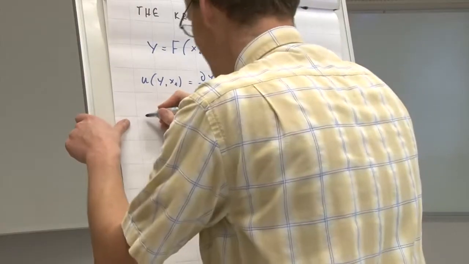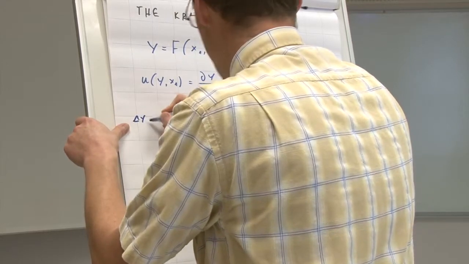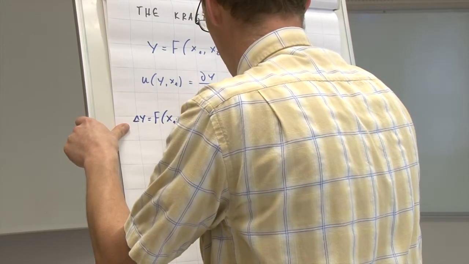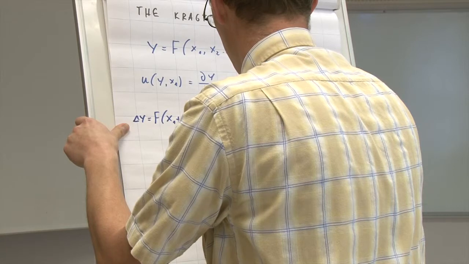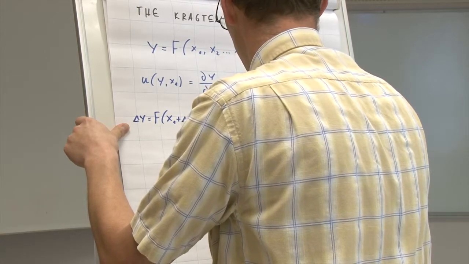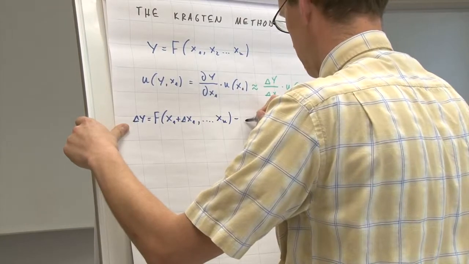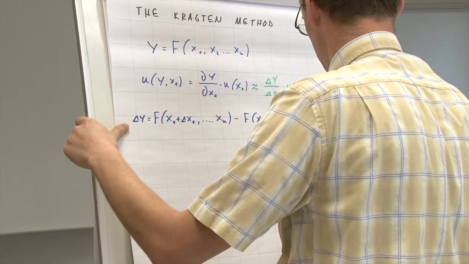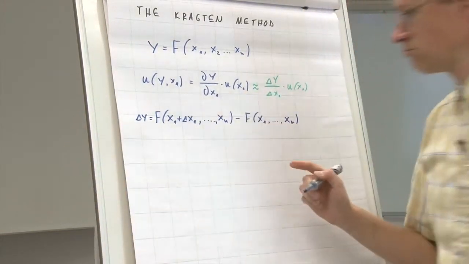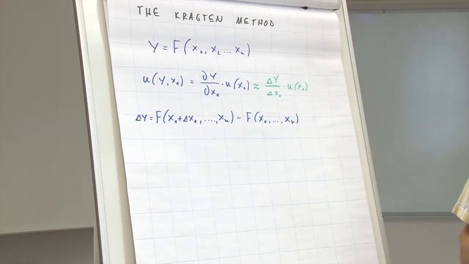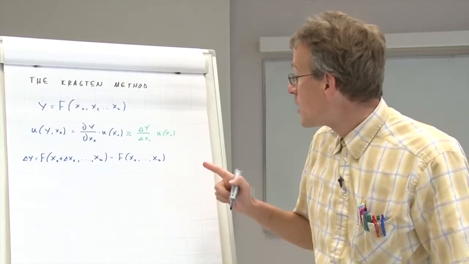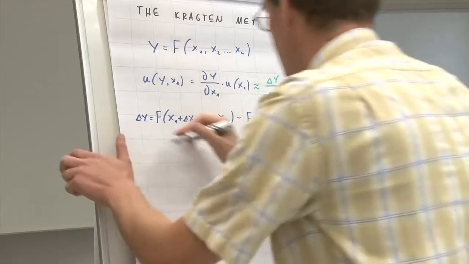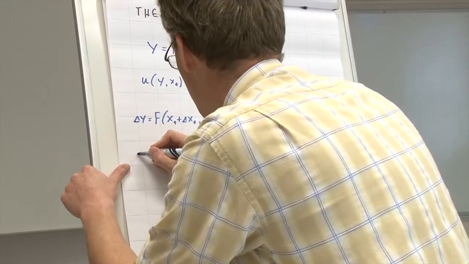So delta y is calculated as follows. We subtract just like this. And now we can substitute this delta y here so that the uncertainty component calculation will read as follows.